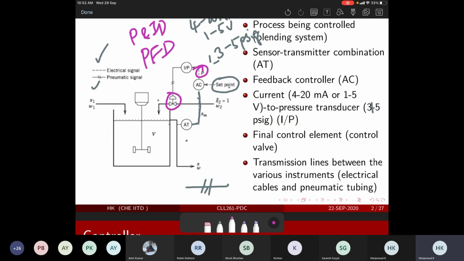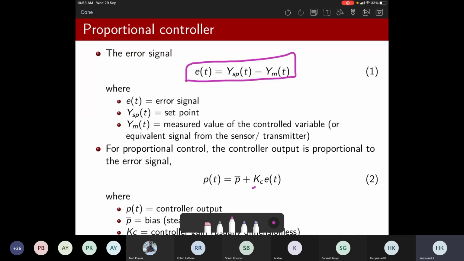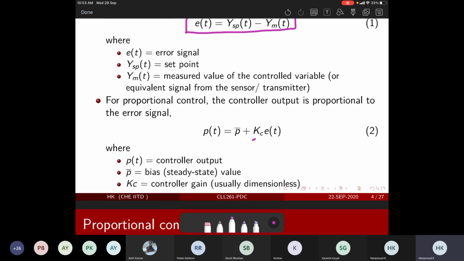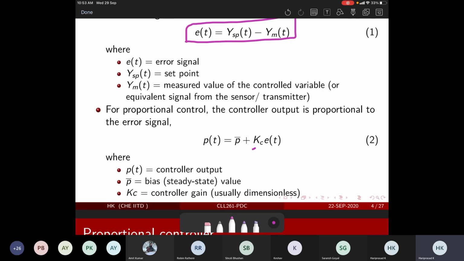You will have to fix that direction by looking at the valve, based on whether it is air to close or air to open. You will have to design the logic. You might need to put a negative sign, depending on the case. So the simple assumption is that my controller output is proportional to the error. The simple logic is that if the error is more, I will act more. Whether the action is opening or closing would be determined by the sign of the gain.